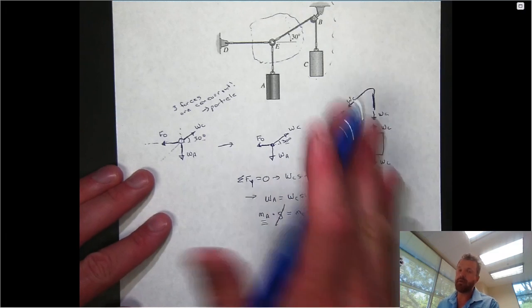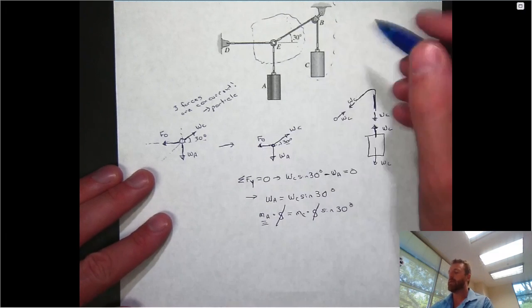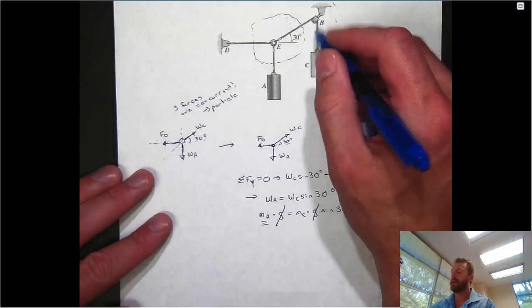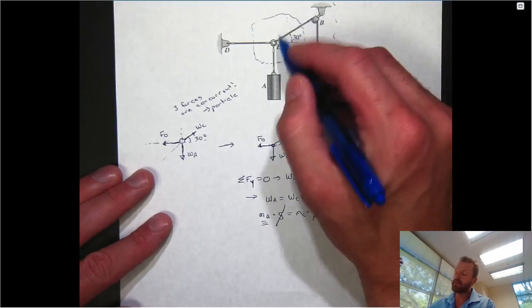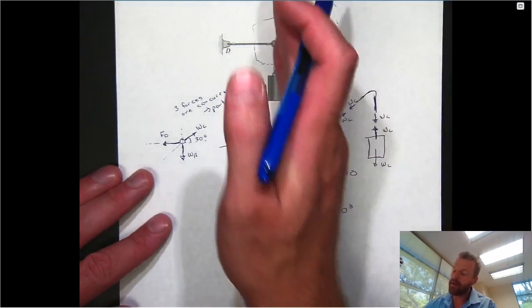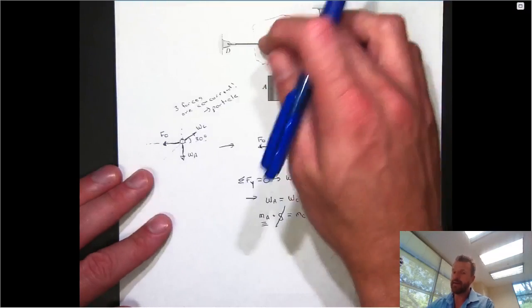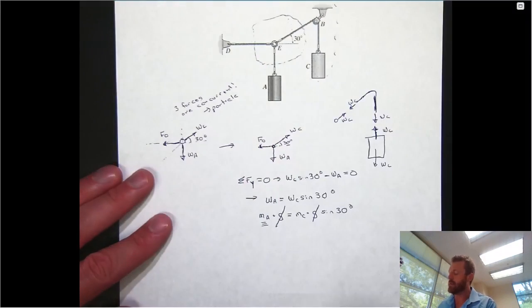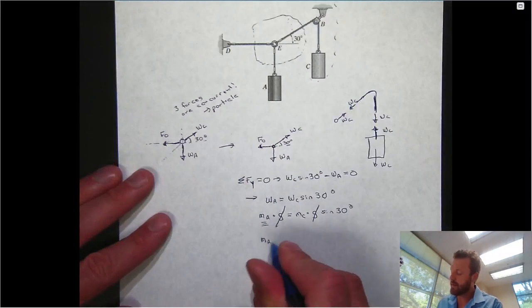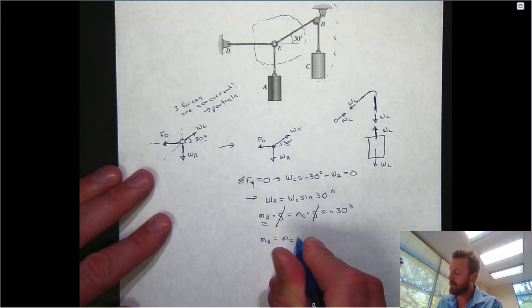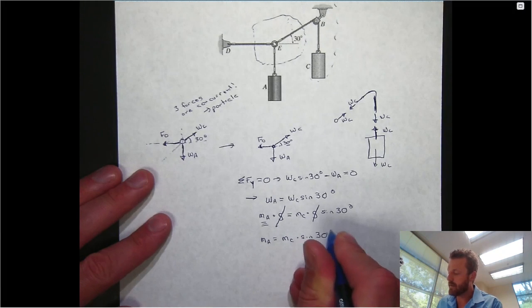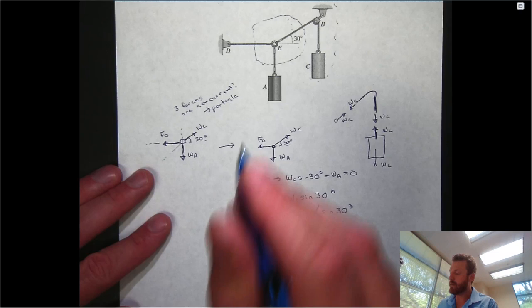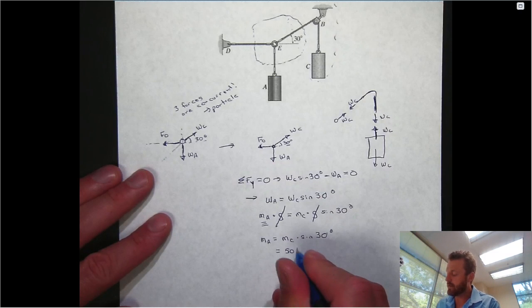And what that allows us to do is compute the required mass of cylinder A to keep this whole thing in equilibrium. We were able to determine that by just noting that this cable pulley system provides the only upward vertical force that offsets the weight pulling in the downward direction. So the mass A must be mass C times sine of 30 degrees, and we have the mass C as 50 kilograms.